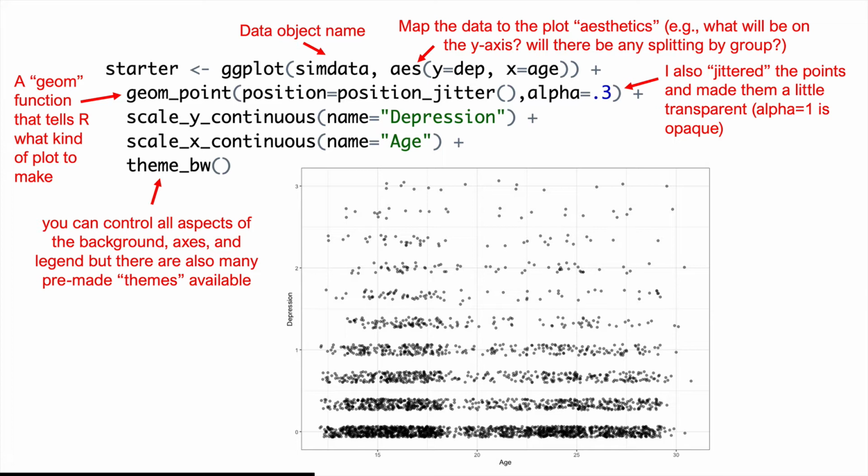I can control absolutely everything I want about the plot, including whether to have a white background, a black background, or anything in between, whether to have this sort of cross-hatched backdrop for tick marks, whether to have a square around the plot or not, where the tick marks are located, the size of the font, whether there's a title, all kinds of things. There's lots of pre-made themes. And you can also custom edit your own. So let's try and make this plot ourselves. We'll go over to R now.